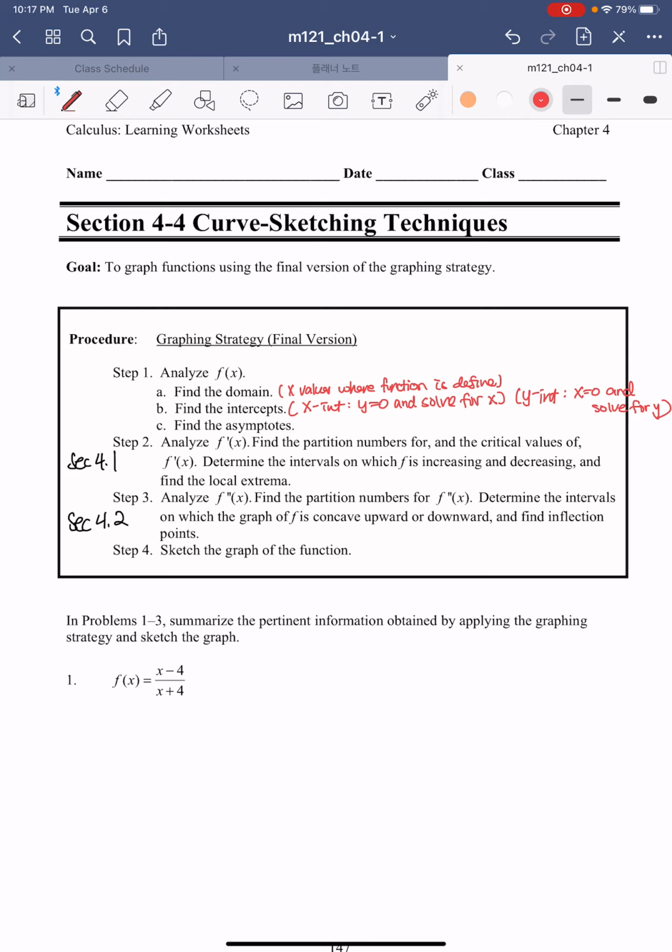Asymptotes. We have two asymptotes, vertical asymptote and horizontal asymptote.